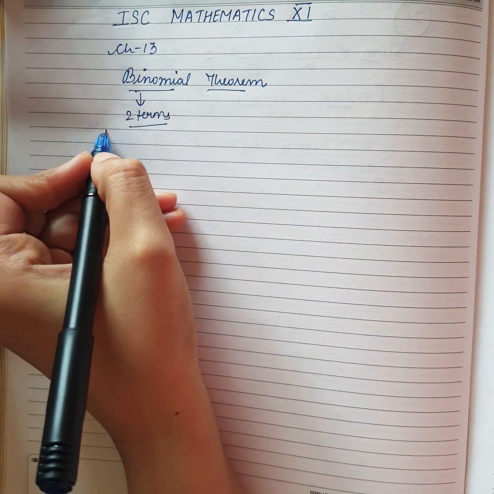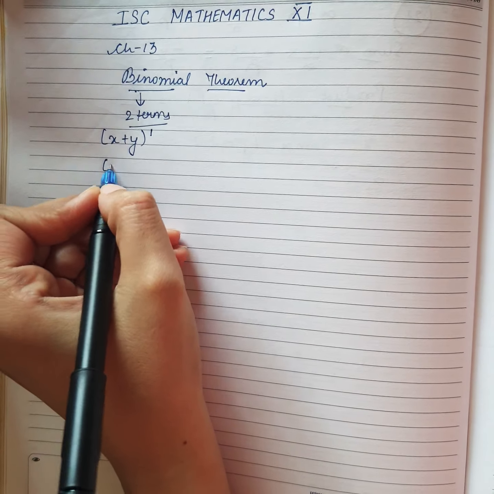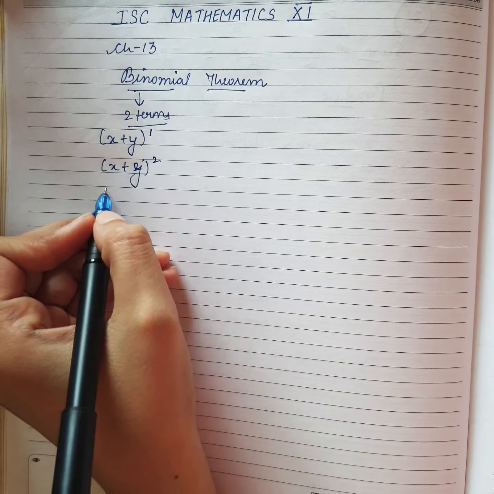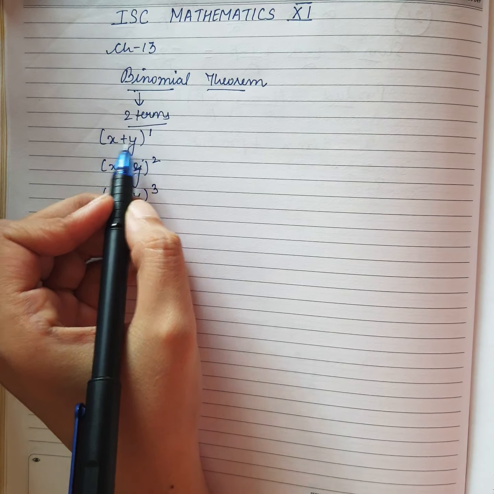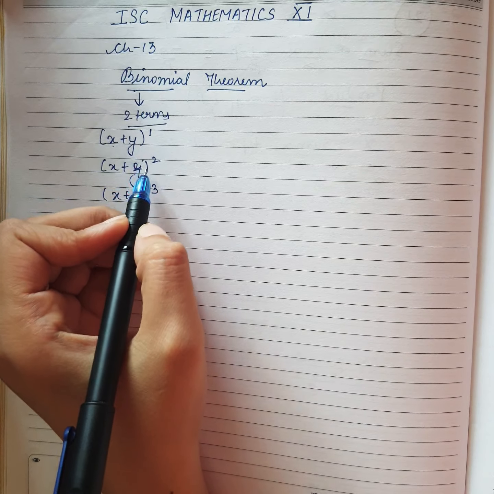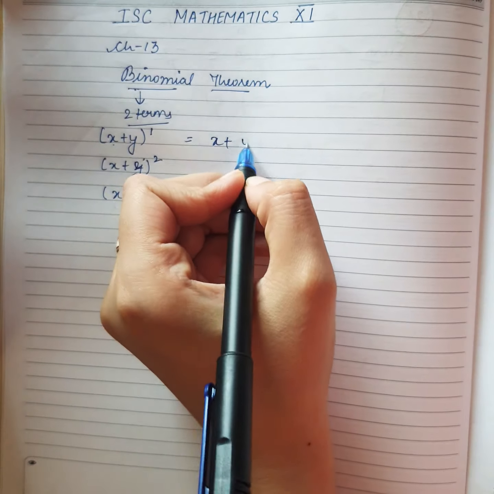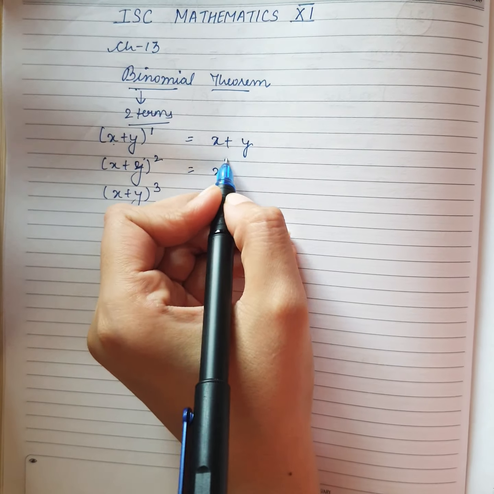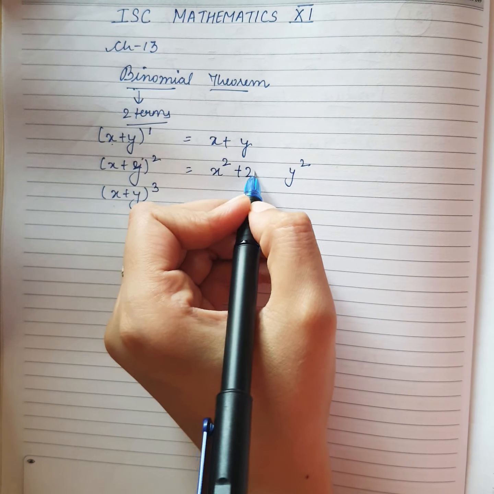Now we know how to solve power 1, 2, 3 using the expansions of (a plus b) or (x plus y) whole square, whole cube. When power is 1, we write it as it is. When we have whole square, x square, y square and 2xy.